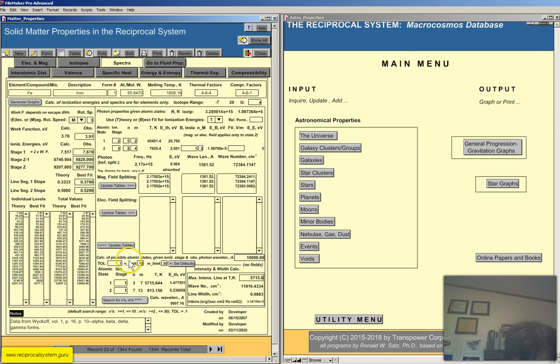Okay, so now we can calculate the possible atomic states given the ionization stage and the observed photon wavelength. So if we observe a 10,000 angstrom photon coming out, what could have been the states of the atom? And here we go.